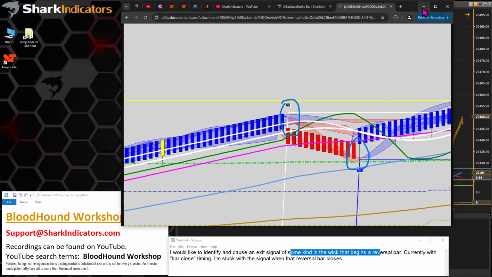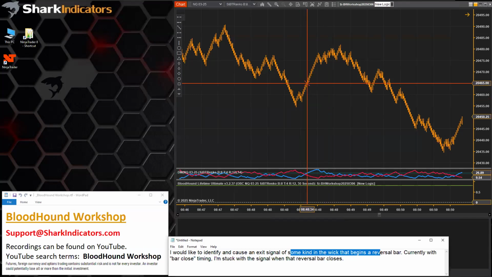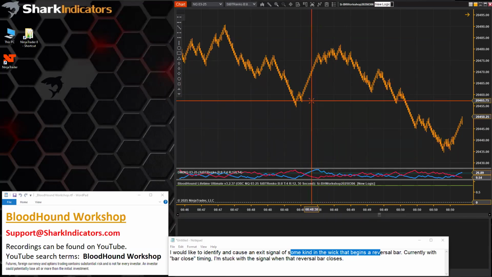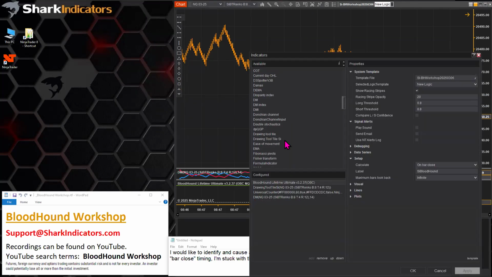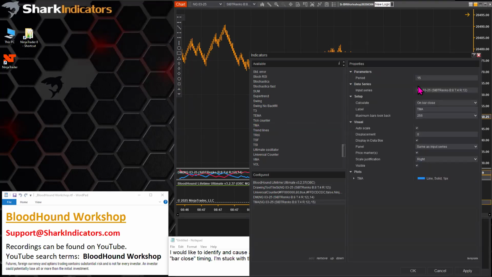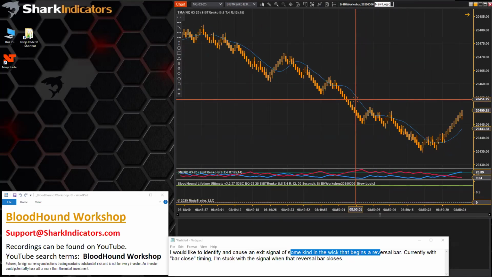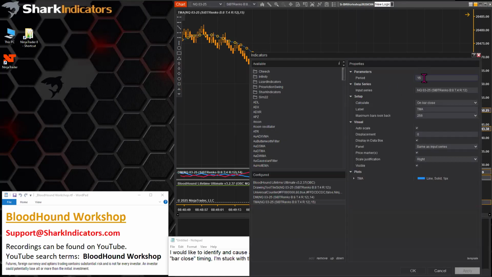All right, let's see here. We're already on a Renko chart, so that's good. Let me add a TMA indicator to the chart. I'll have to try and dial in this TMA here.